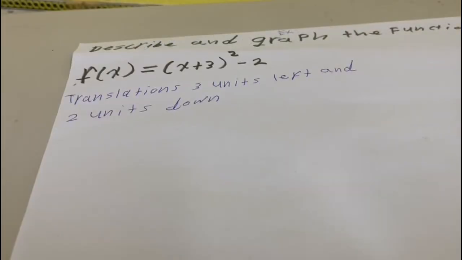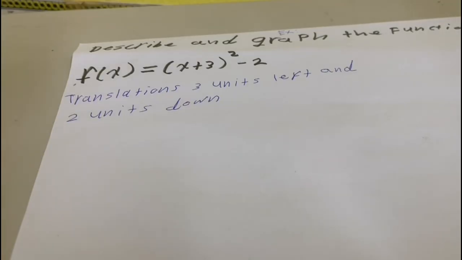Now here f(x) = (x + 3)^2 - 2. 3 is the h, and h is the translation left or right, and k is the translation up or down. If h is negative, the translation is right, but if h is positive, the translation is left, and always h is the opposite.